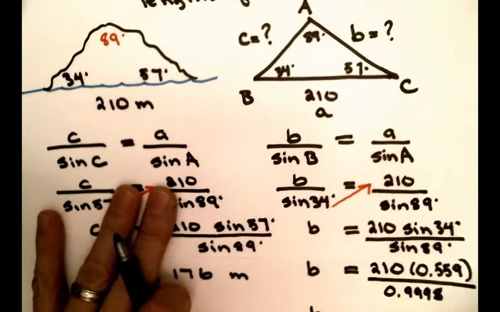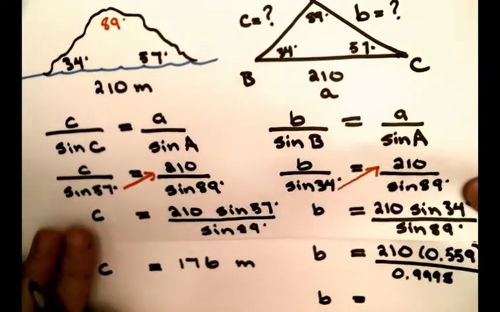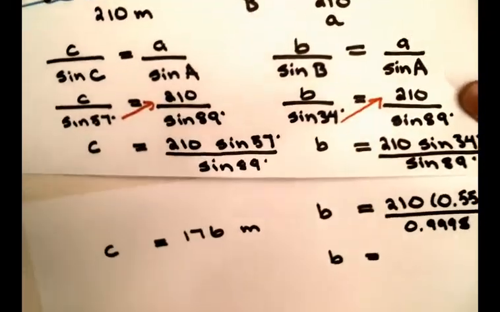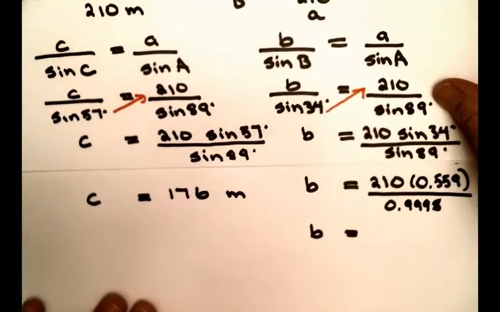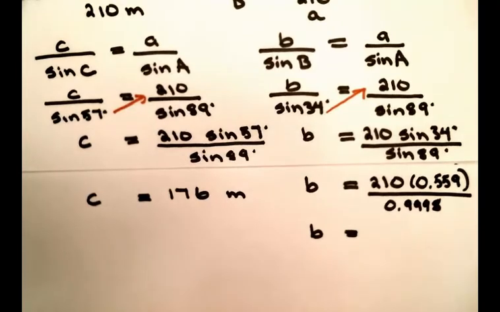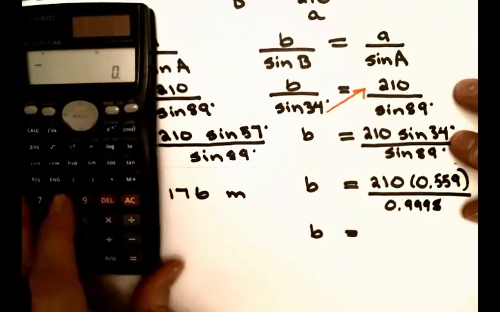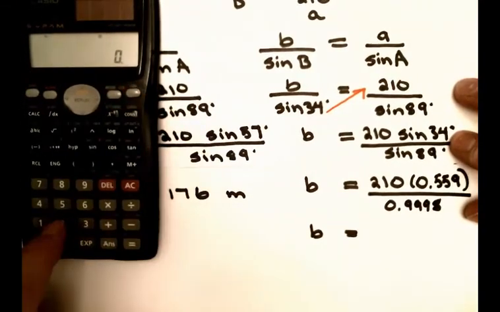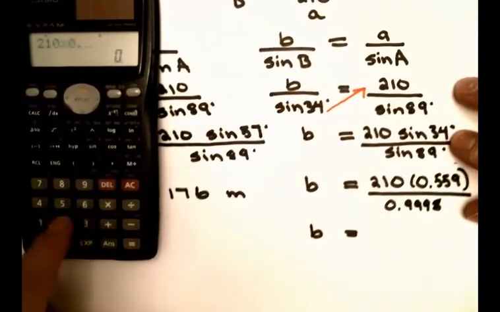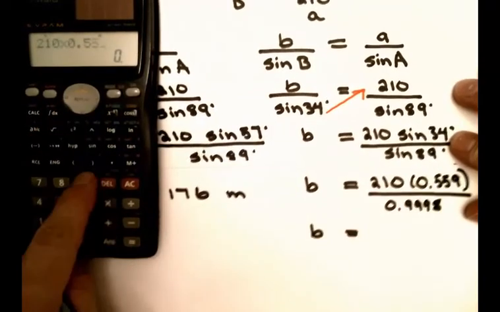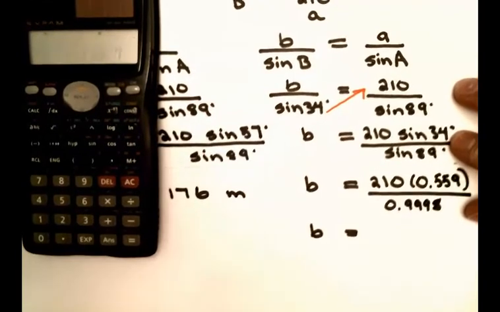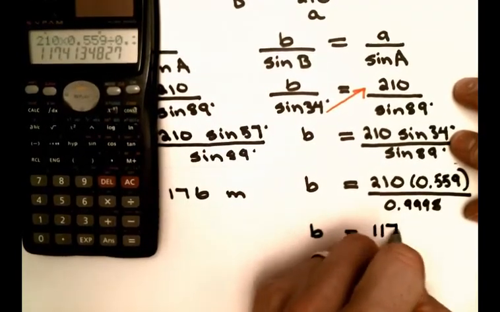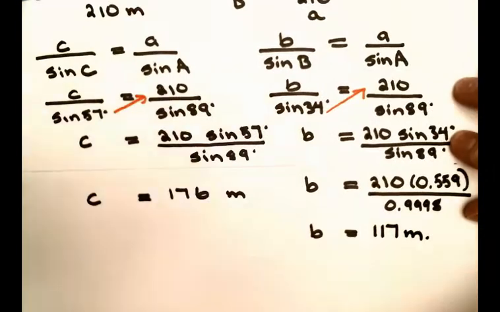It's quicker, it's cleaner, you get more precision out of the calculator. Here we're losing a little bit of precision because we only took 3 or 4 decimal places, but it won't affect the overall answer. So try the calculator. Here we go. 210 times 0.559, and then divide by 0.9998, and what do we get? 117. Okay, and there's your answer.